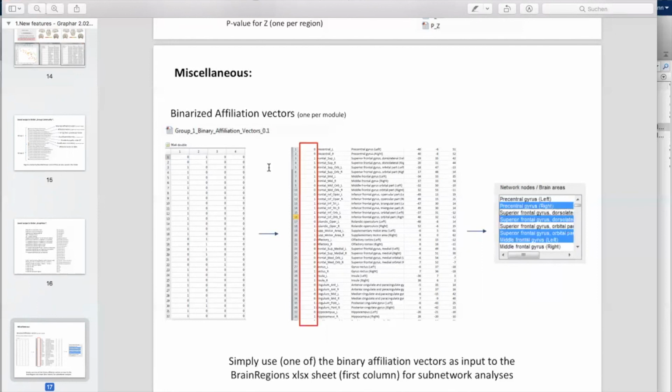You can use this binarized affiliation vector in a subsequent step in your brain regions file. If, for example, you do analysis with the male group and want to compute specific graph measures, so basically subnetwork analyses only in a respective module, and you're just interested in module 4, you can take this binarized affiliation vector and put it in the first column in the brain regions file, and automatically in GraphVar, those will be highlighted. So you don't have to do this manually.